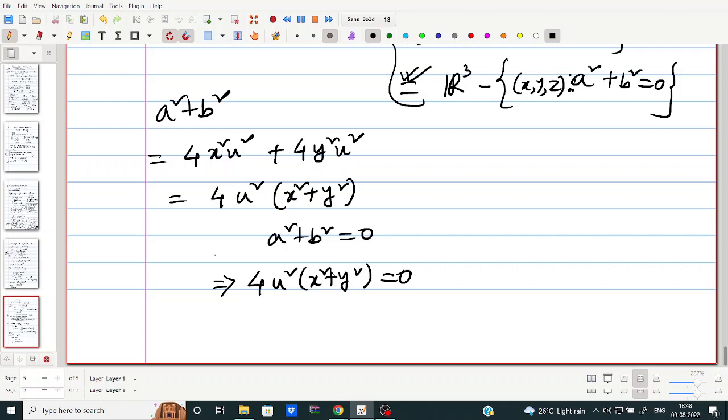So u equal to 0 means the xy plane. Now let me move to the next page, then I will describe. So this is x, y, u. U equal to 0 means everything here, the xy plane, right?